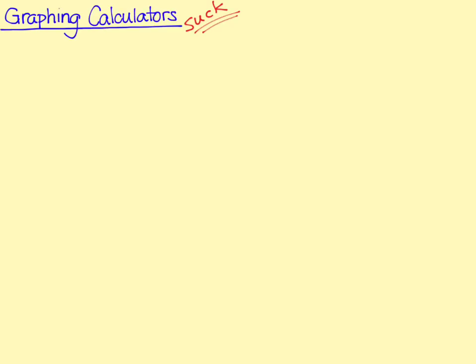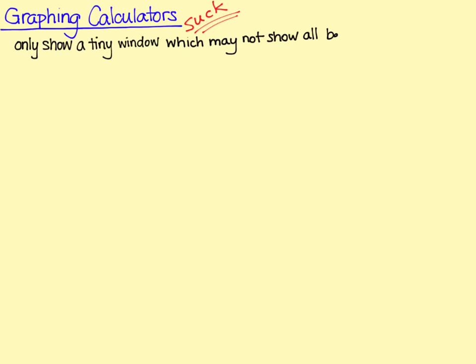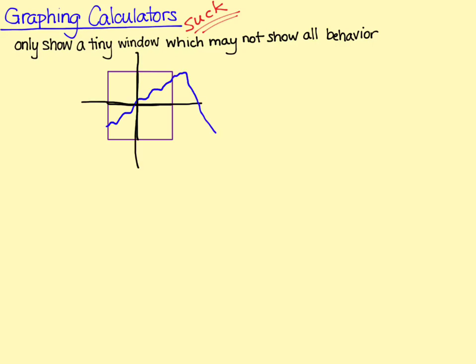Graphing calculators are actually the worst. Graphing calculators only show you a tiny window, which might not show you all the behavior of the function. So for example, the function might look like this in the tiny window that you're looking at, but if we zoom out, maybe it starts to decrease. But you wouldn't have known that by just looking at your graphing calculator.